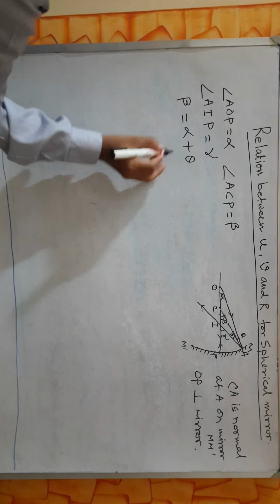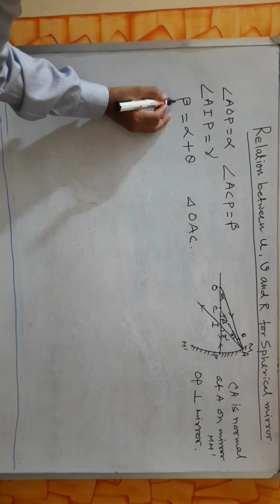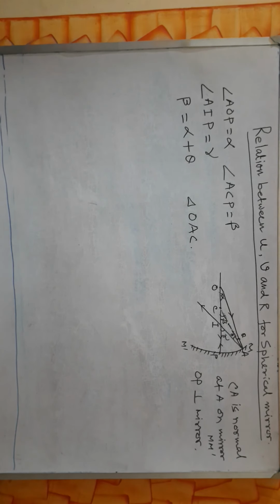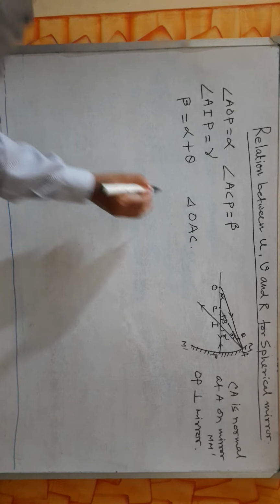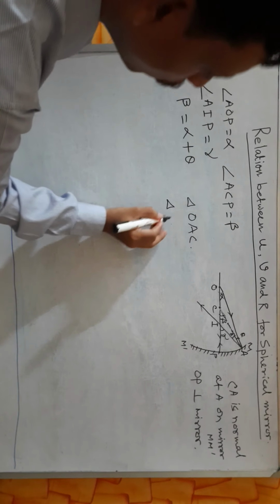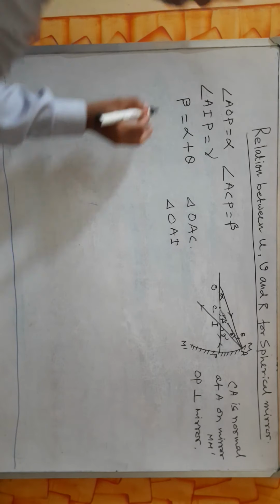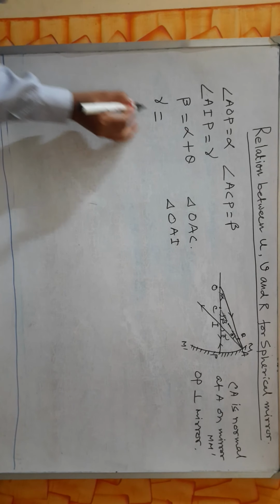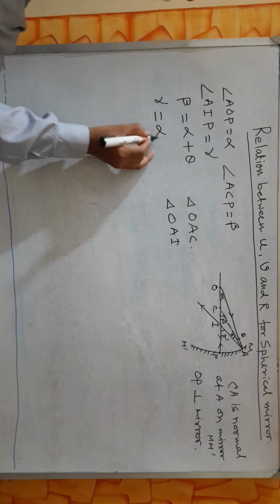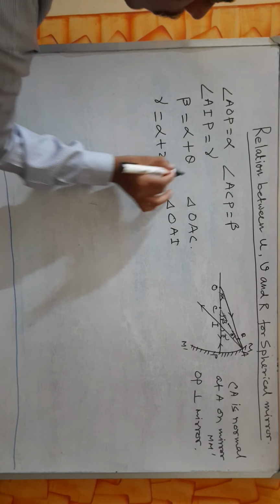In triangle OAC, beta is the exterior angle, equal to the sum of the two interior angles. In triangle OAI, gamma is equal to alpha plus 2 theta.